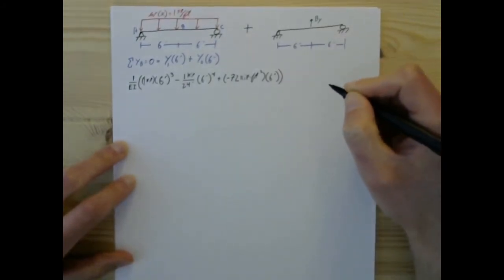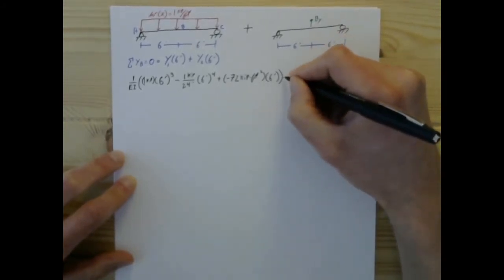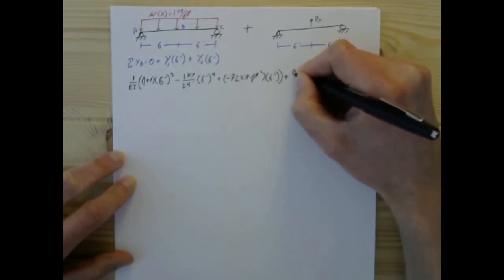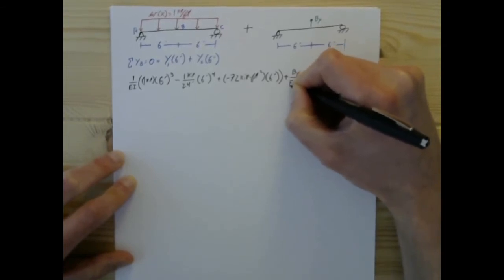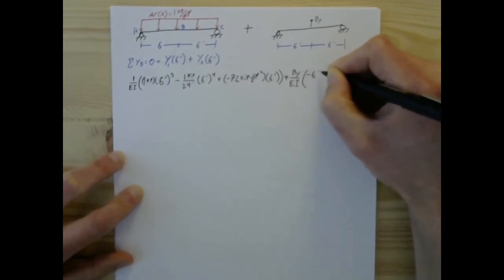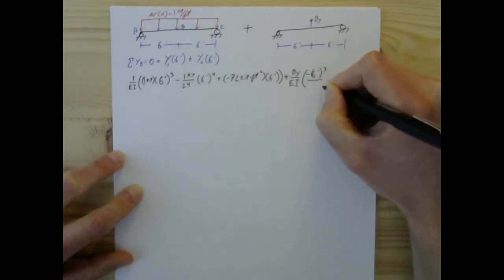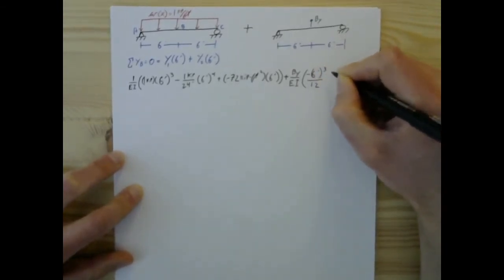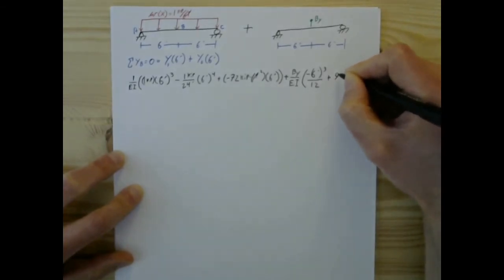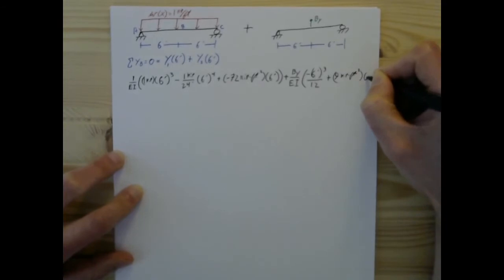And then let's start a new line because I'm not sure this will fit. It'll fit. We'll make it fit. Plus B_y over EI times negative 6 feet, let's put parentheses there, cubed over 12, plus 9 kip feet squared times 6 feet.